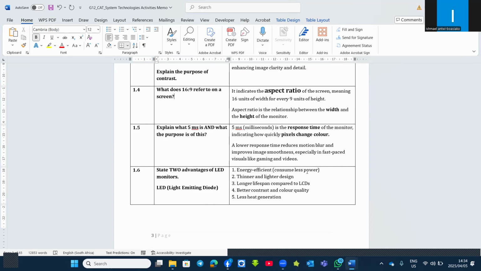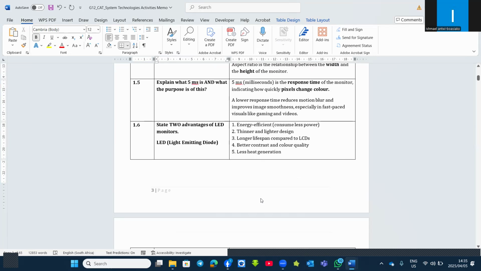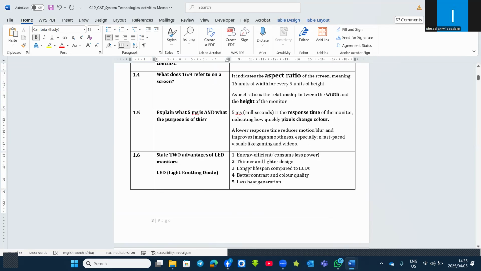Energy efficient, thinner and lighter design, and longer lifespan compared to LCDs. If the question does not ask you to compare, just leave it. It has a longer lifespan, better contrast ratio, and less heat generation. So you can give some of these: energy efficiency, thinner and lighter size, and a longer lifespan as well.